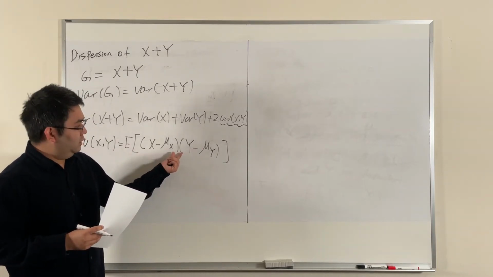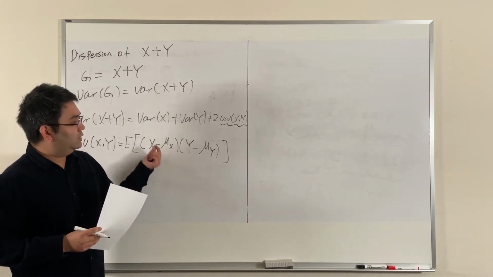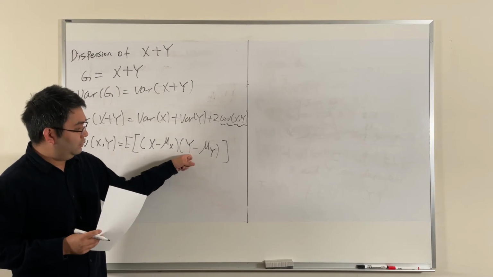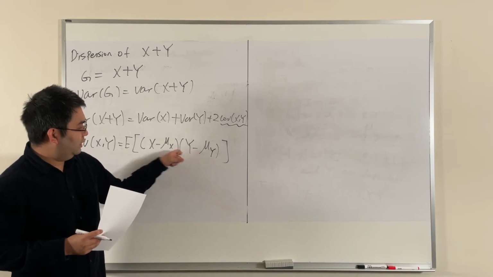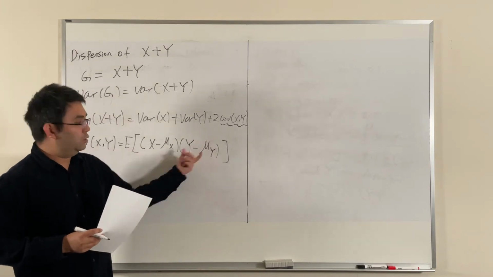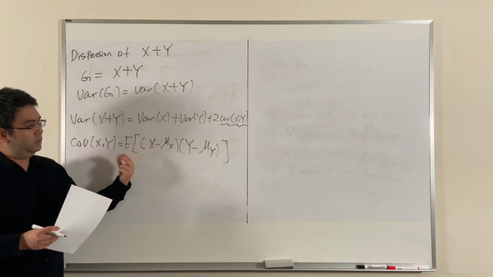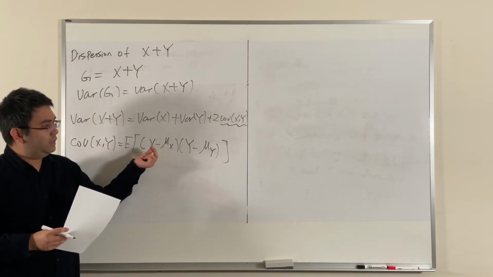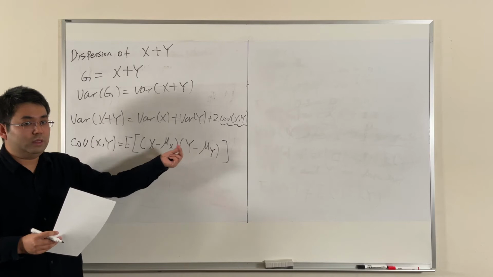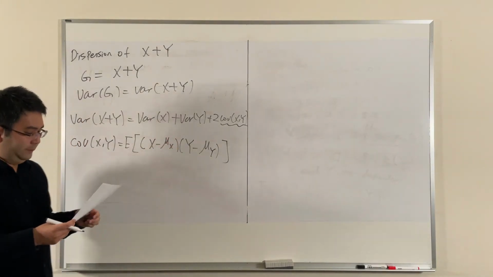That means the two are happening together in a combination. You take the outcome of y that's linked to the outcome of x, subtract the mean of y, and multiply them together. Since it's the expectation, you take the combination times their joint probability and add them up. We'll see an example for this.